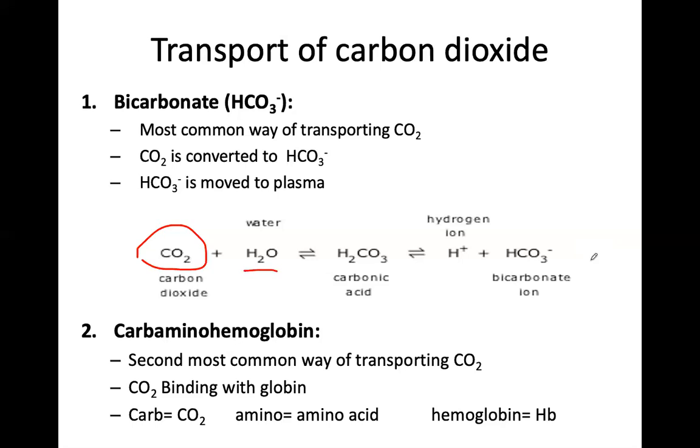Again, please break down the vocabulary for yourself to make sense of it. Carb stands for CO2. Amino refers to amino acids, which are what my globin is made up of. And lastly, hemoglobin, indicating we're talking about hemoglobin.